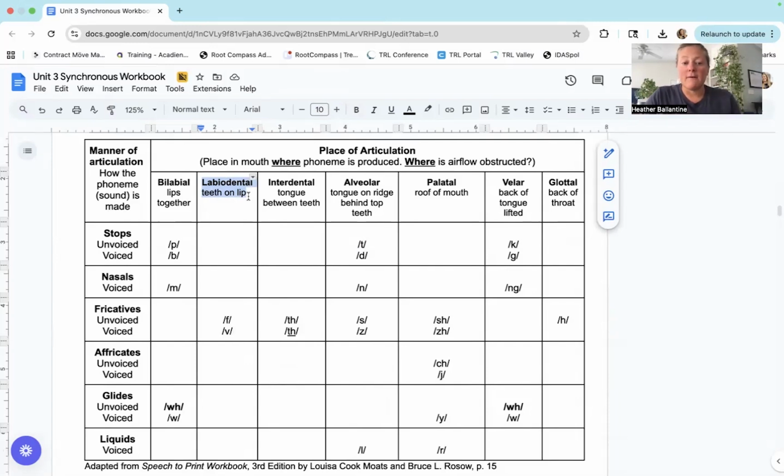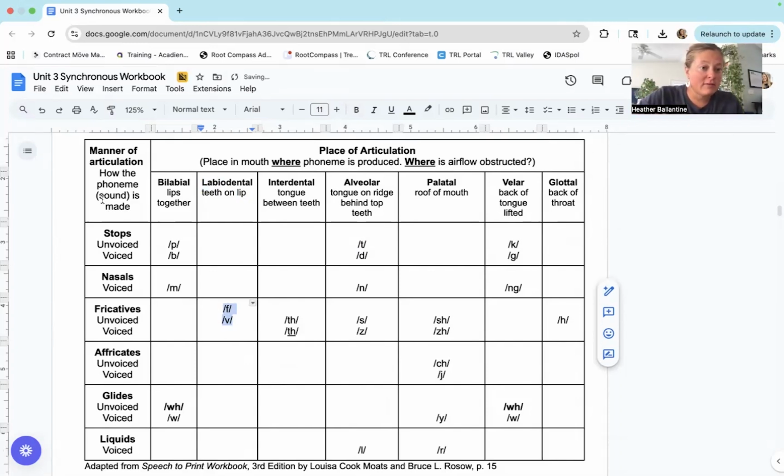What about our airflow? If we put our hand in front of our mouth, we can feel air coming out in both sounds. Both of these sounds are in this box because they are articulated the exact same way. What is different then?